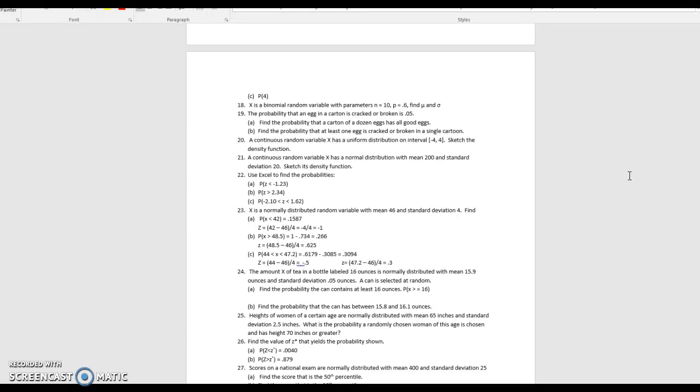Alright, so our z-score is going to be 16 from our problem minus 15.9 our mean divided by the standard deviation of 0.05. And let's just do that. And that just gives me 2.